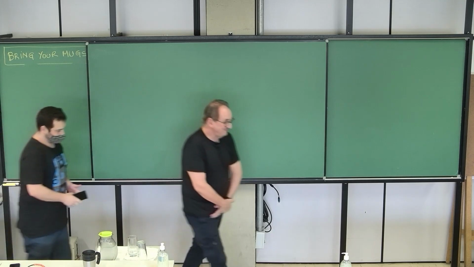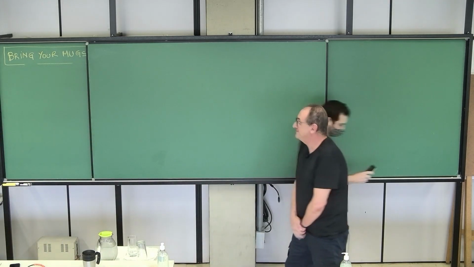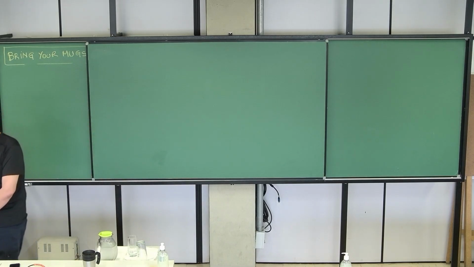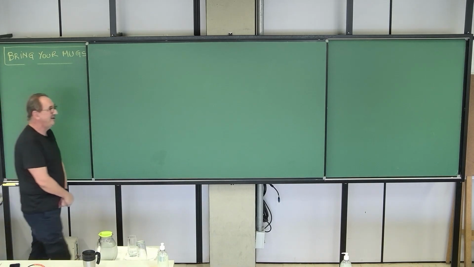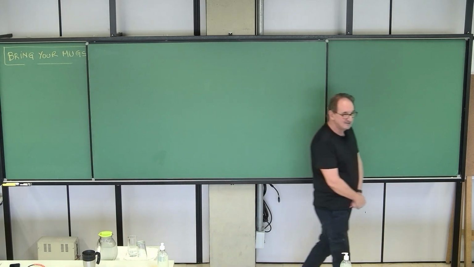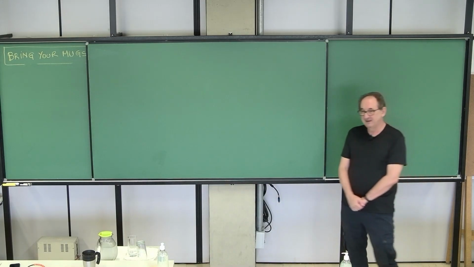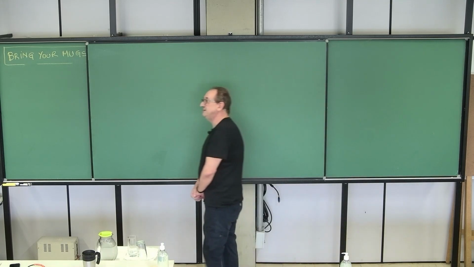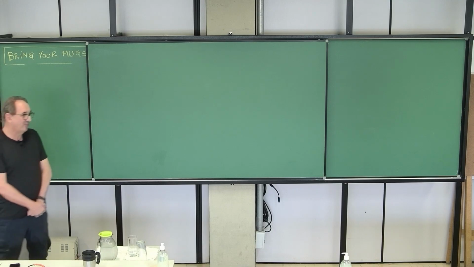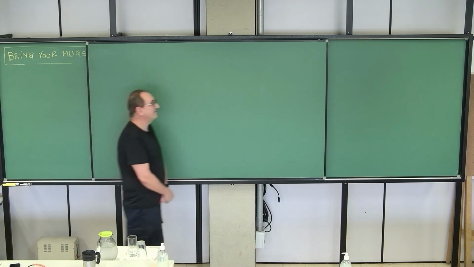So hello. Okay, so this week we will no longer be interested in single species populations, but in interactions between different species. So let's talk a little bit about this.